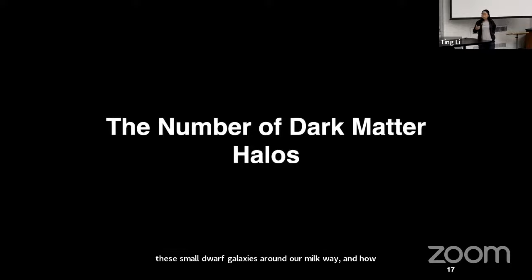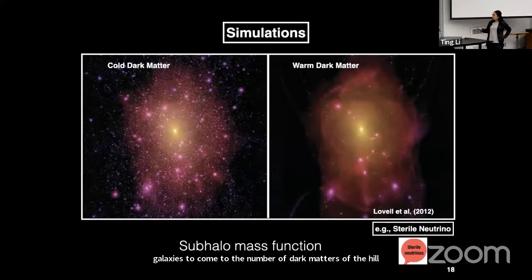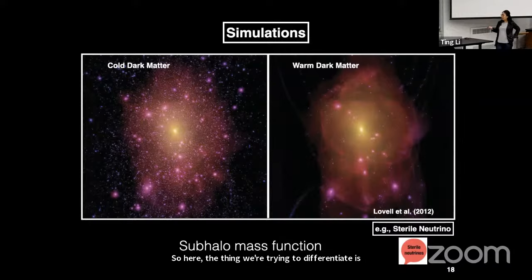The first thing we do is we try to use these satellite galaxies to count the number of dark matter subhalos. So here, the thing we're trying to differentiate is whether dark matter is cold or warm. And one type of candidate for warm dark matter is the sterile neutrino.